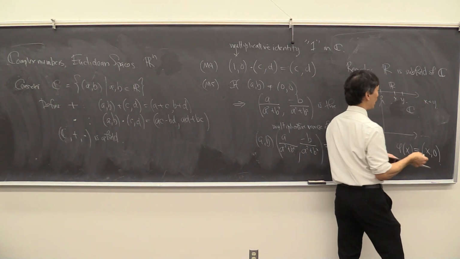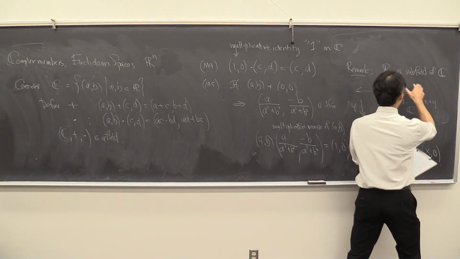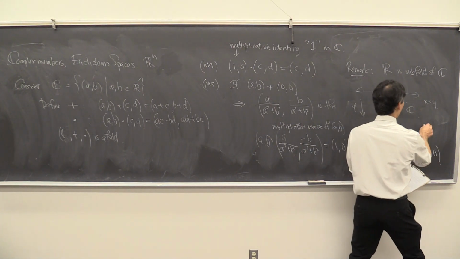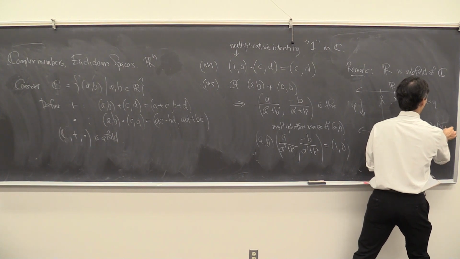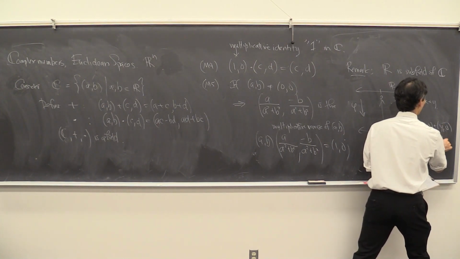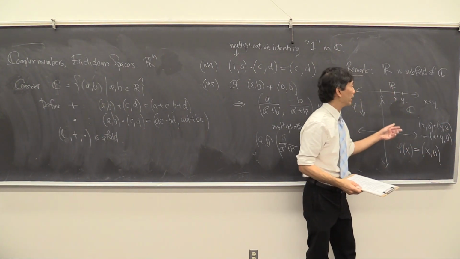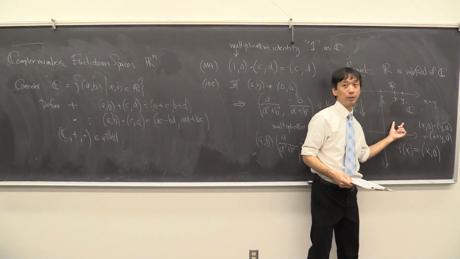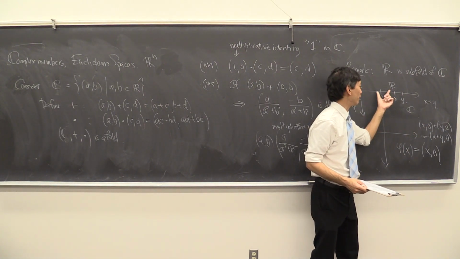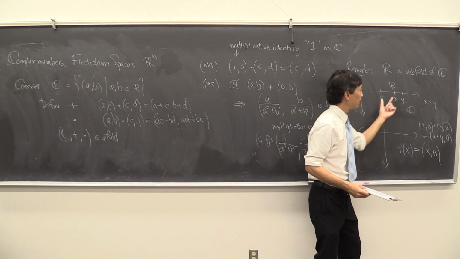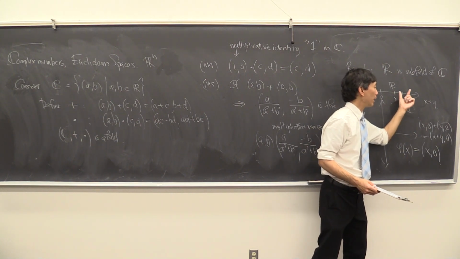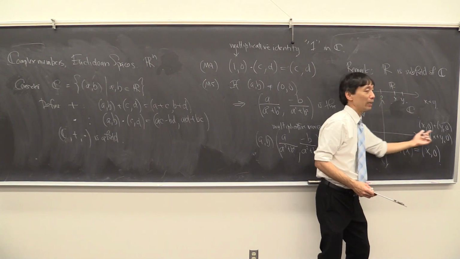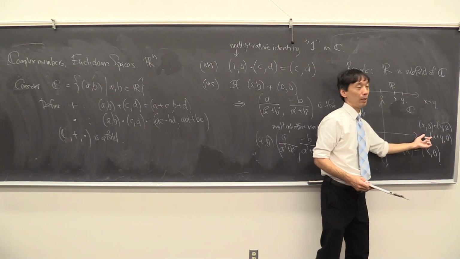If I go down to the complex plane and I take (x, 0) and (y, 0), I get (x plus y, 0). So the addition is preserved. You can add them up here and then map them, or you can map them first and then add them, and you get the same thing.